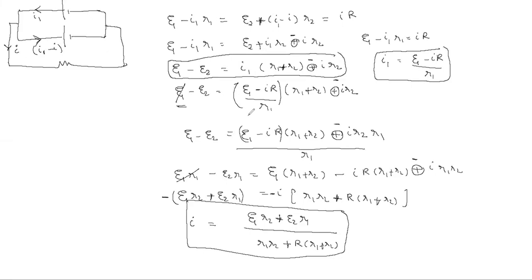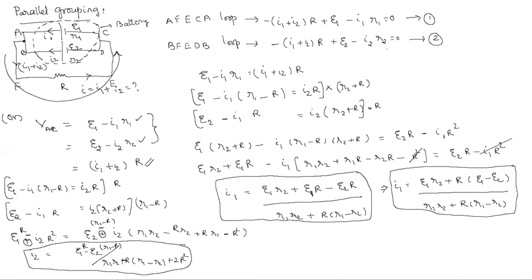After substituting and doing some calculation, finally I got this equation. So at least this one is clear, Nana? Clear. You took a lot of time here in finding out I1 and I2. Is it clear? Yes, sir.